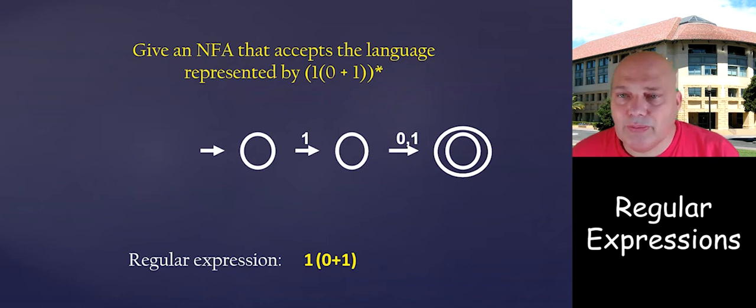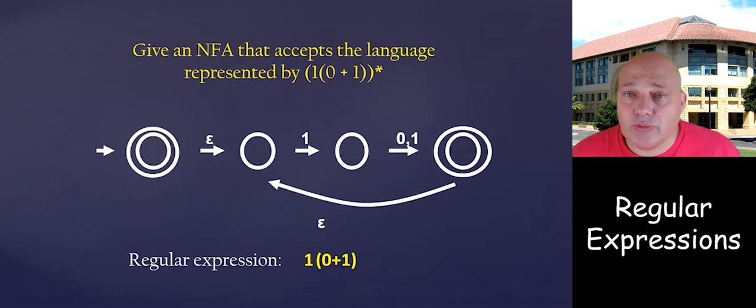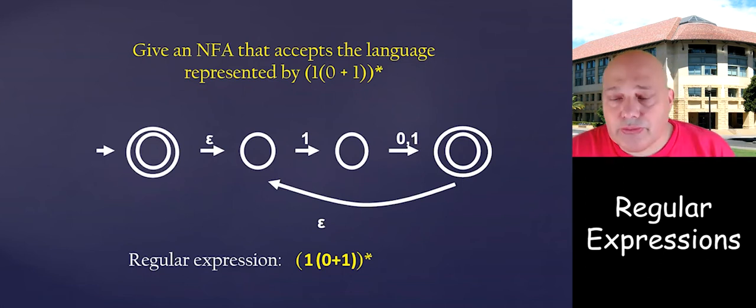And now we need to apply the star operation, and we know how to represent the star with an NFA. This was the construction that we used to prove the star. So we looked at the accept state, connected it to the start state, and added this additional start state. So now this NFA corresponds to the language accepted by this regular expression.